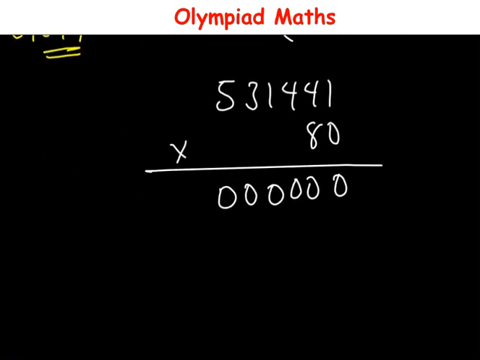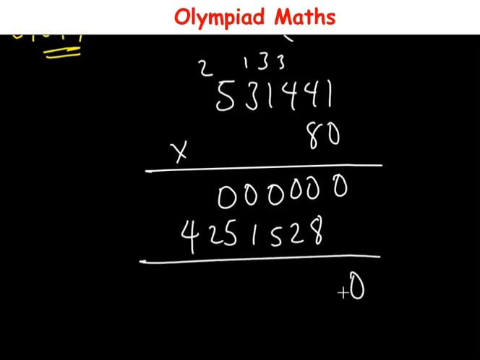The next one is to multiply by 8. 8 times 1 is 8. 8 times 4 is 32, write down 2, carry 3. 8 times 4 is 32, plus 3 is 35, write down 5, carry 3. 8 times 1 is 8, plus 3 is 11, write down 1, carry 1. 8 times 3 is 24, plus 1 is 25, write down 5, carry 2. 8 times 5 is 40, plus 2 is 42. So here we have 0, 8, 2, 5, 1, 5, 2, 4.